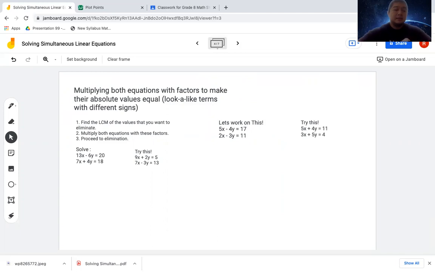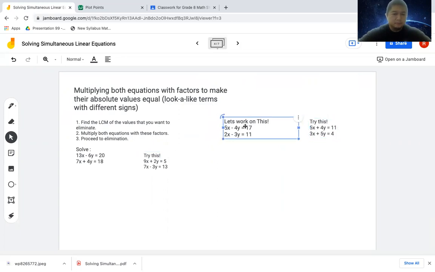All right. So let's say, for example, in this particular problem, I am going to solve for y. I'm going to eliminate the x, I mean. So we're going to use the LCM of the numerical coefficients, pertaining to the absolute values, 6 and 4.